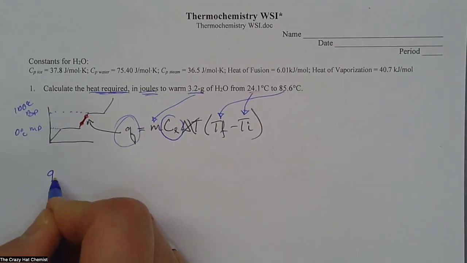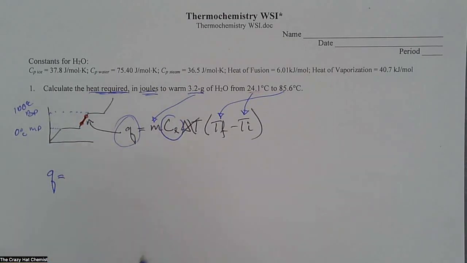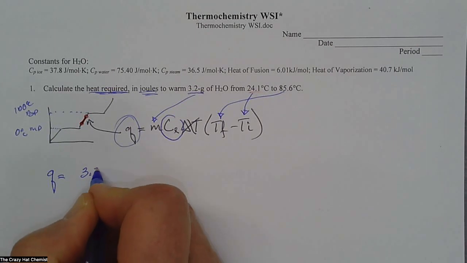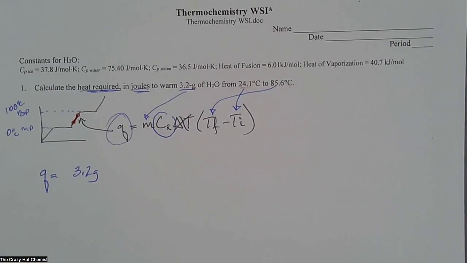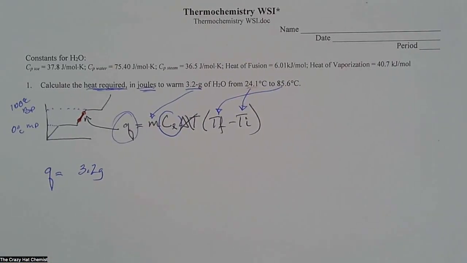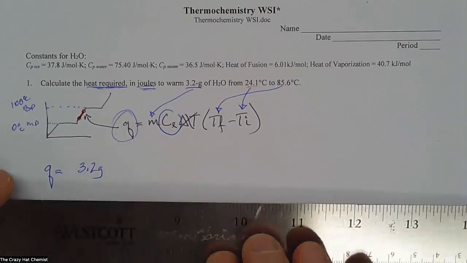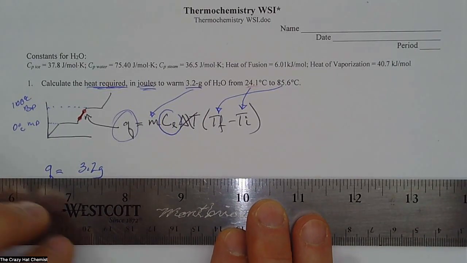So Q is equal to M, the mass for this particular problem is 3.2 grams. I'm going to get my ruler out because this is just like a stoichiometry problem in some respects. So hopefully that works for you. Okay, and here we go.